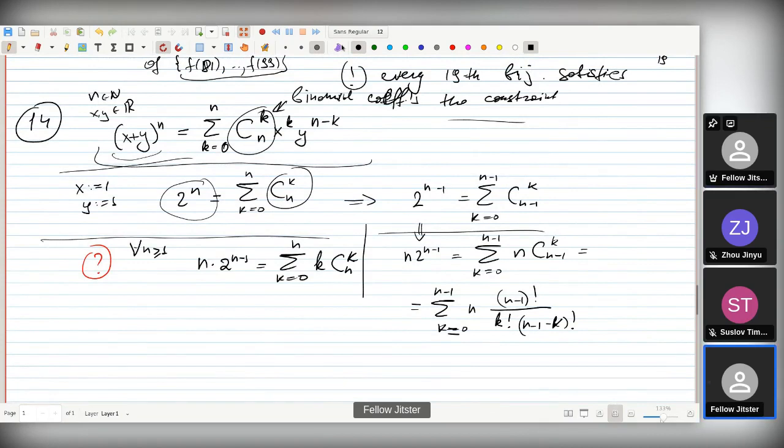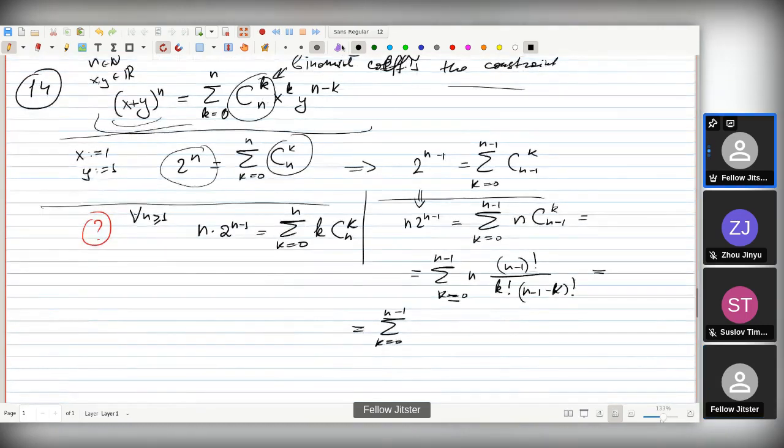If we multiply each of these elements of the sum by k, we will have not k factorial in the denominator, but k minus 1 factorial. I see.